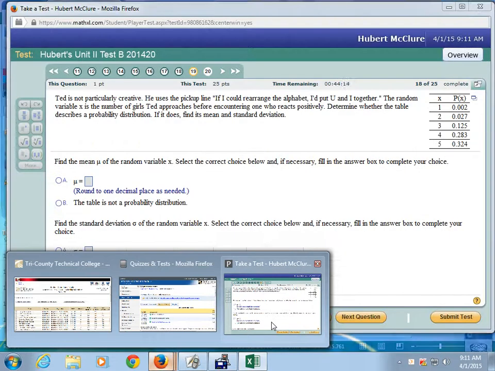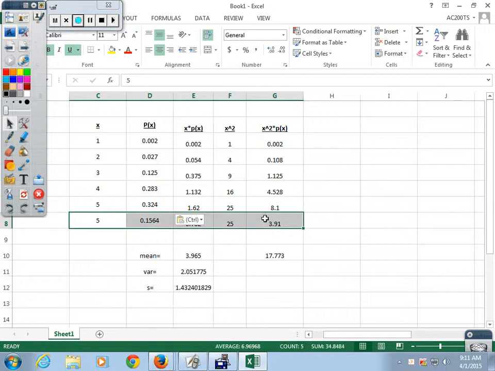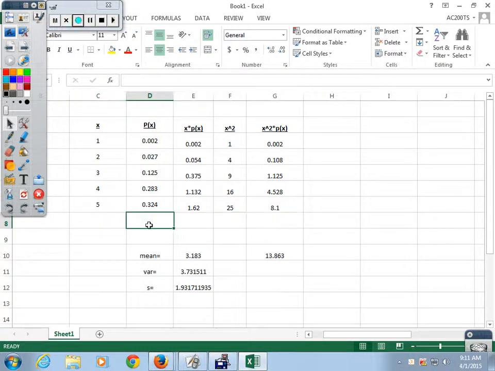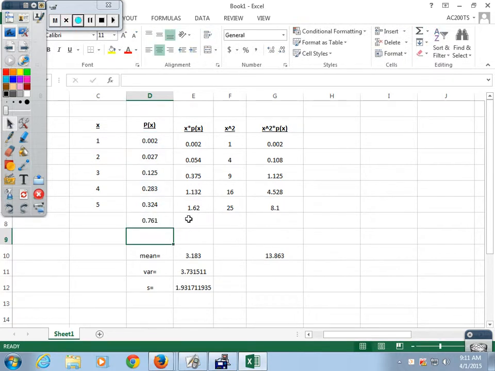Okay, that's fine. No, they didn't. Okay, so I got to delete this one. So let's check and see if this is a probability distribution.